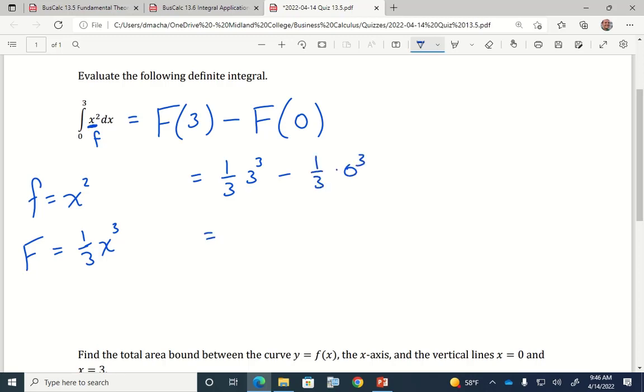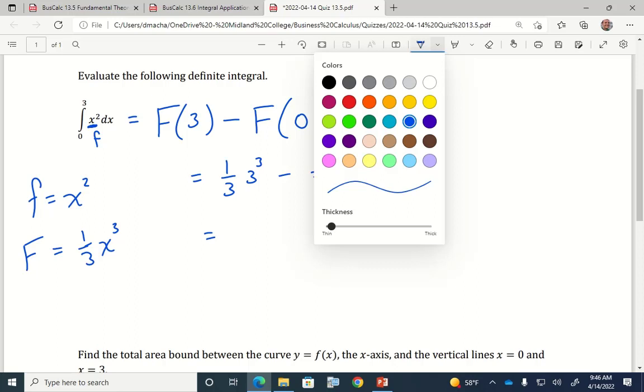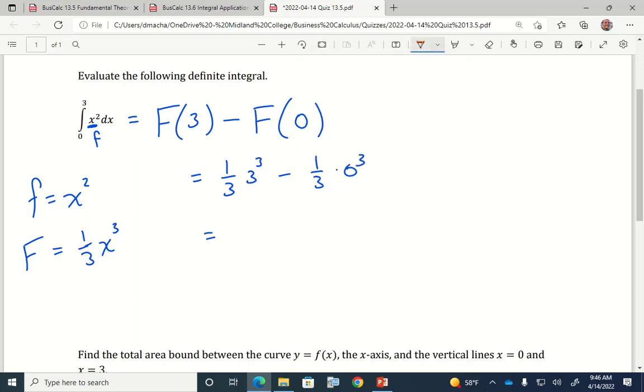Oh, plus c. Okay, so you're right, but we mentioned this last time. Anytime we're dealing with a definite integral, we don't actually have to remember the plus c. If you're just asked about an antiderivative, you should definitely remember the plus c.